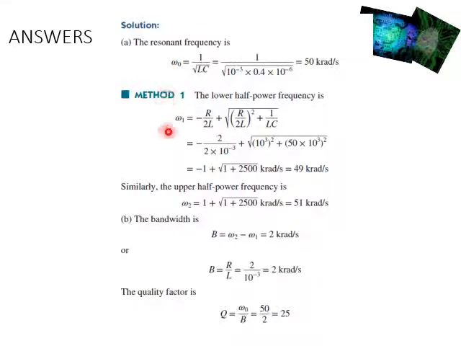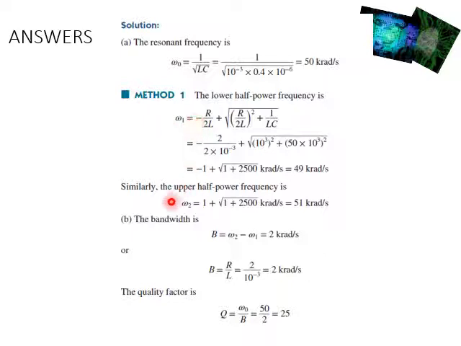Using the first method, we calculate using the long equation for omega 1 and omega 2. Putting in all these values, R over 2L, and solving this equation, we get 49 kiloradian per second for omega 1.